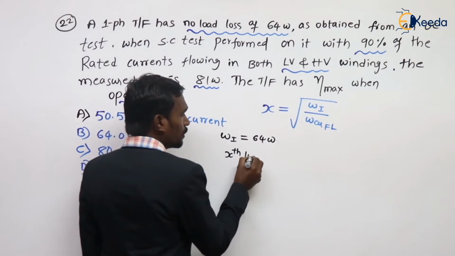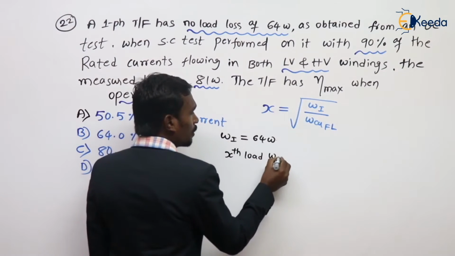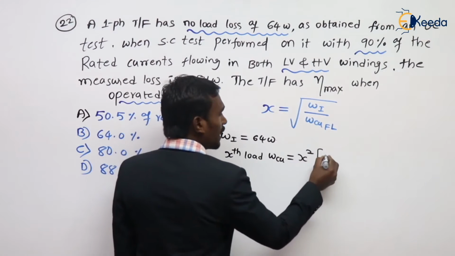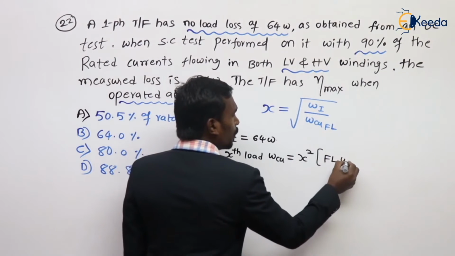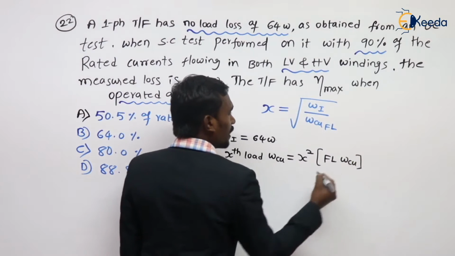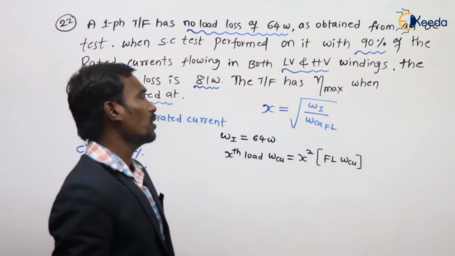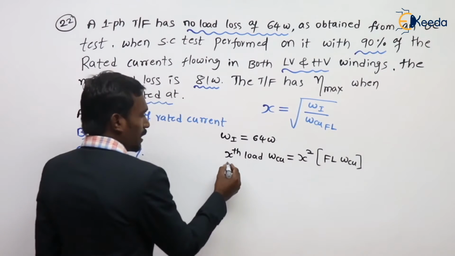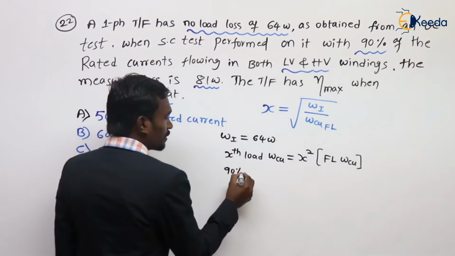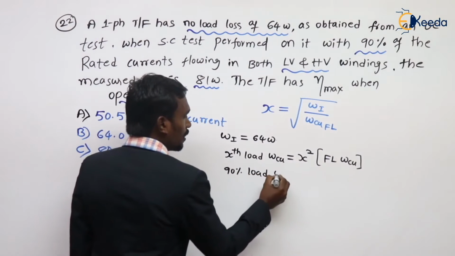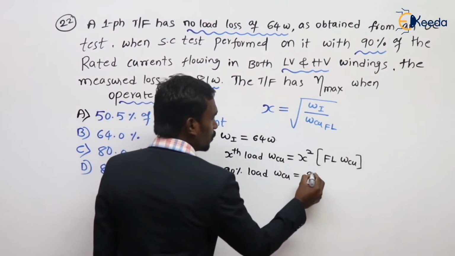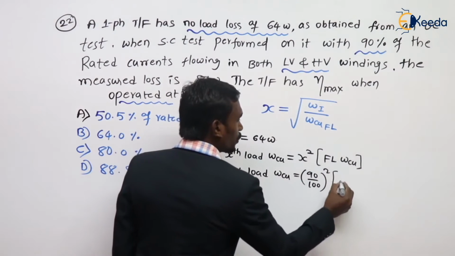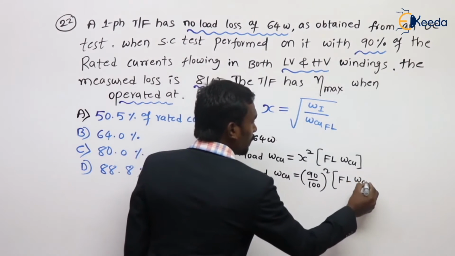The Xth load copper losses is equal to X square times the full load copper losses. Here, 90% of load copper losses is equal to 0.9 whole square into full load copper losses.